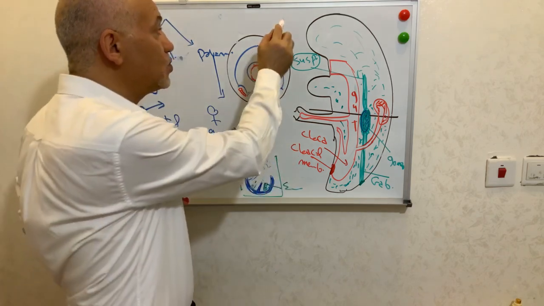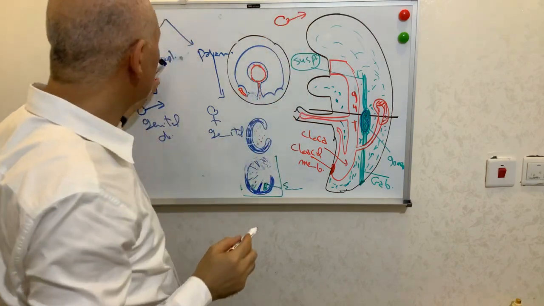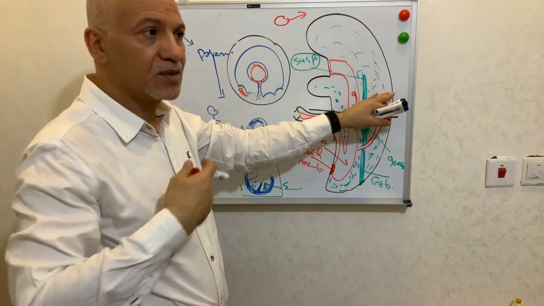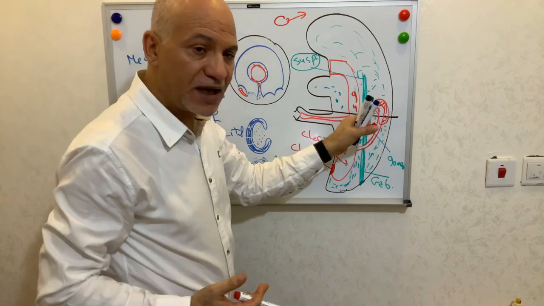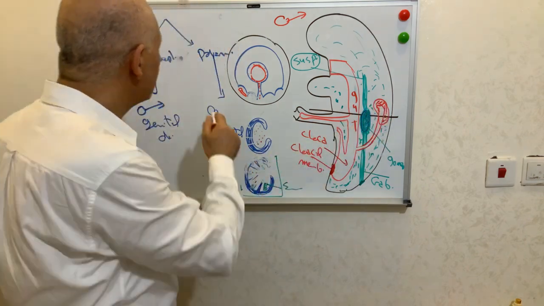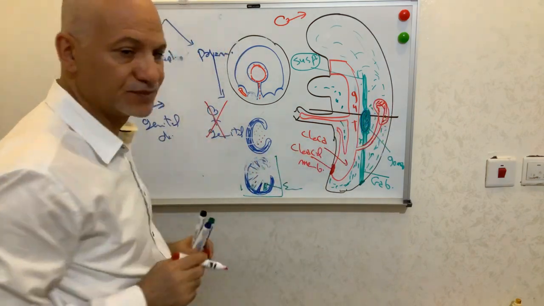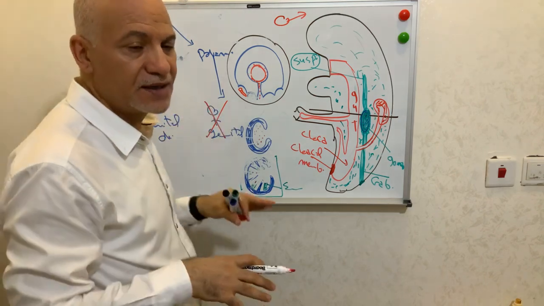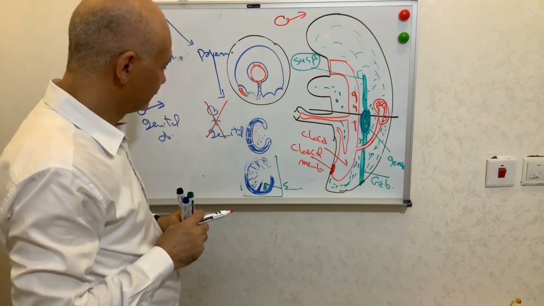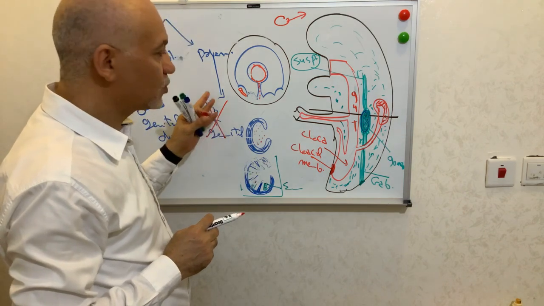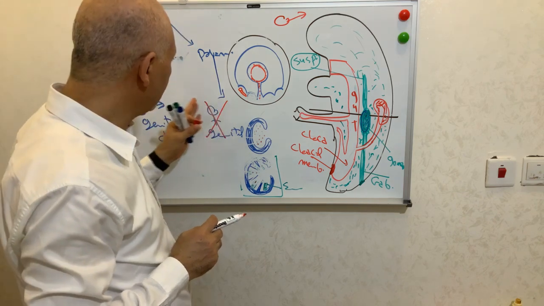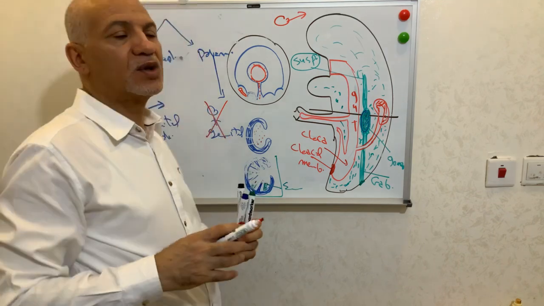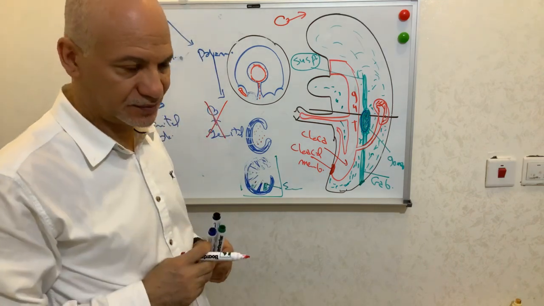So if this embryo develops as male, the paramesonephric duct degenerates and remains in the embryo as a remnant. This remnant of the paramesonephric duct in the male is present in the prostatic urethra as what is called the prostatic utricle.